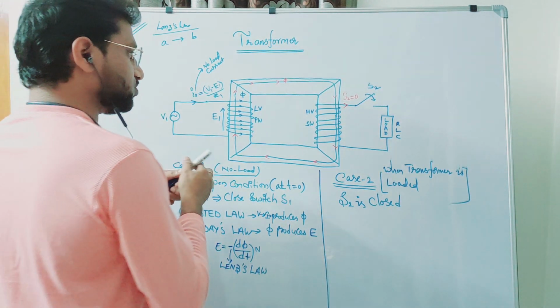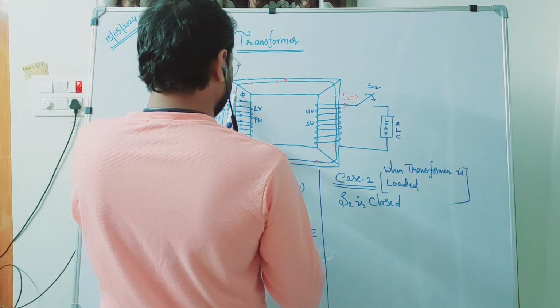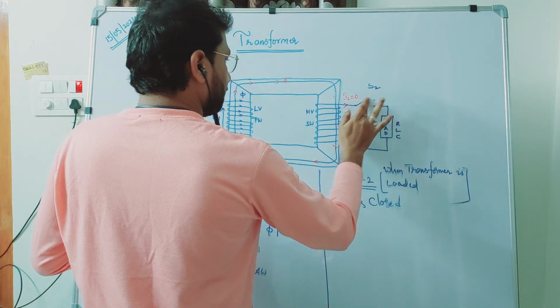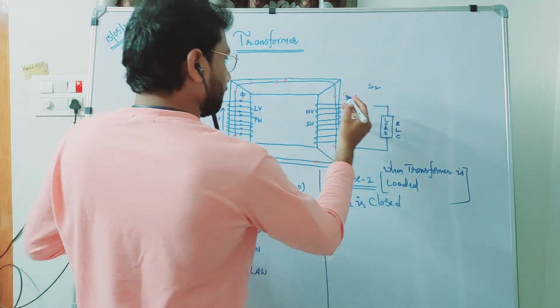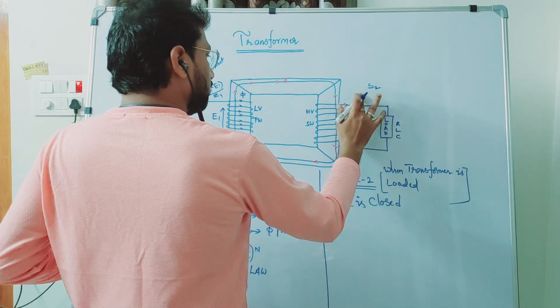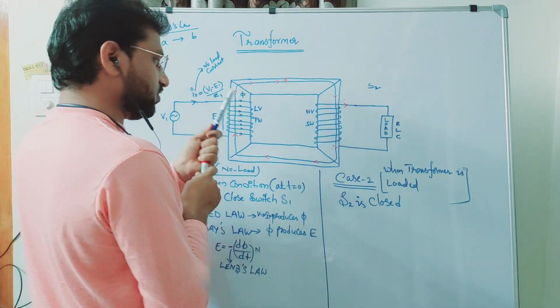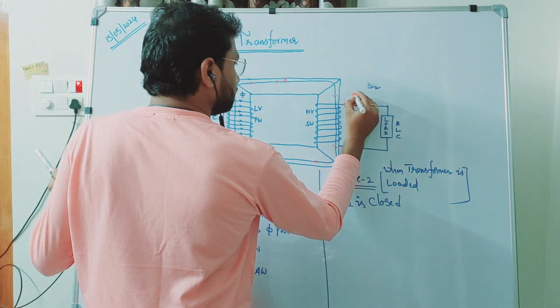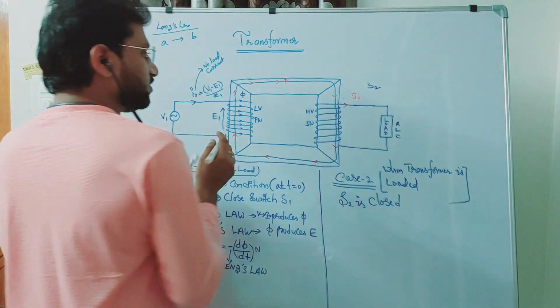When S2 is closed, now there is some current flowing through the transformer to the load, that is I2.